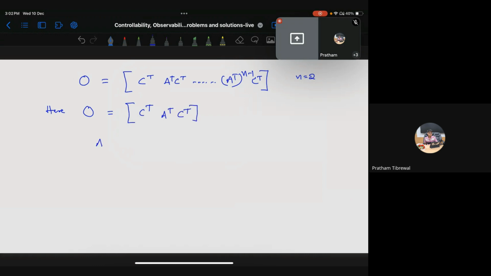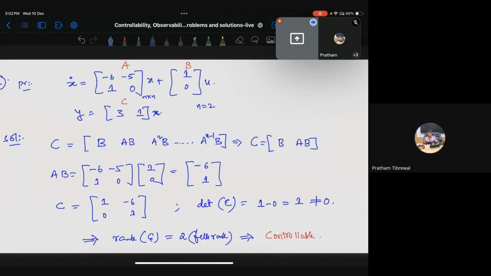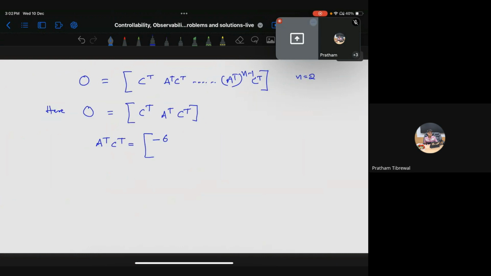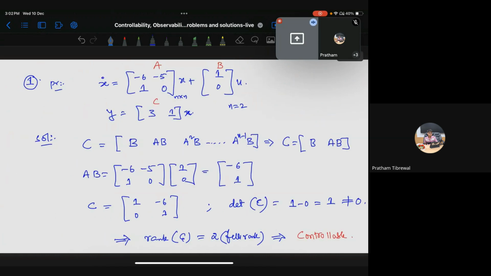A is given as [-6 -5; 1 0], so A transpose is [-6 1; -5 0], and C is given as 3 comma 1.